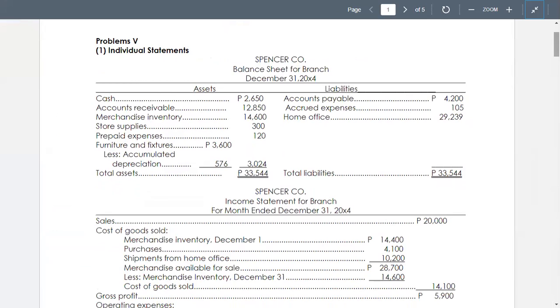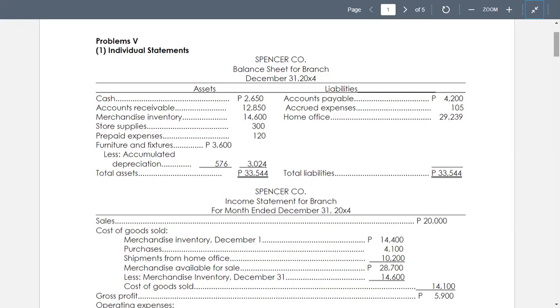Let's stop here. For requirement number 1, we have the individual statements of the branch and the home office. So the branch now will record its assets. The merchandise inventory of 14,600, and then the store supplies, prepaid expense, and the total assets of 33,544.